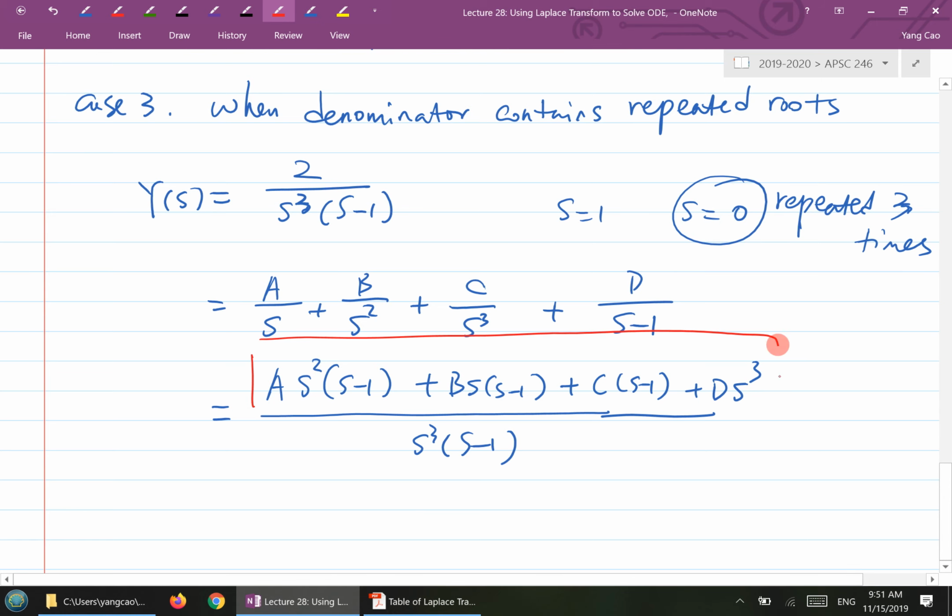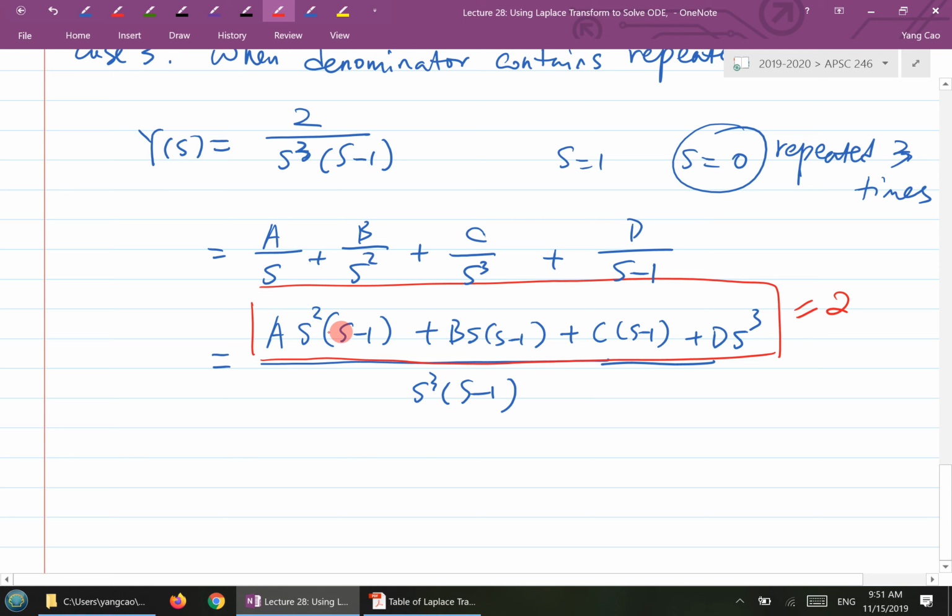The whole numerator here should equal 2. Group all the similar terms and then compare coefficients. For the s cubed term, you have a plus d.